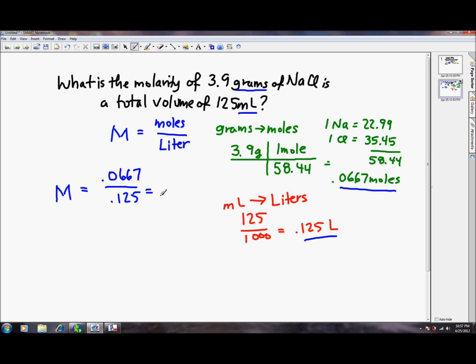I get two significant figures. So the molarity is 0.53. You say, what's the unit? Moles over liters. Moles per liter. Okay, one more very quick example problem.